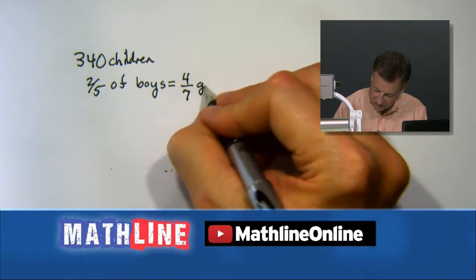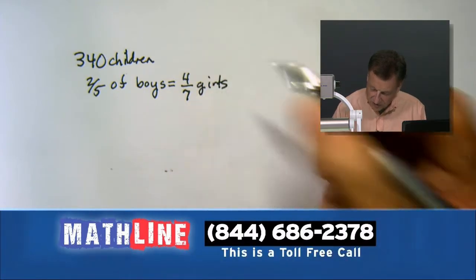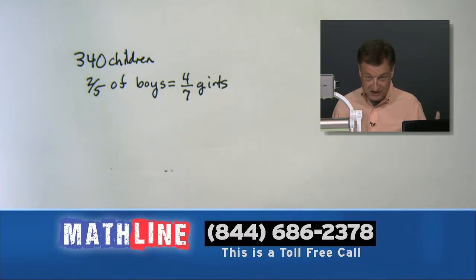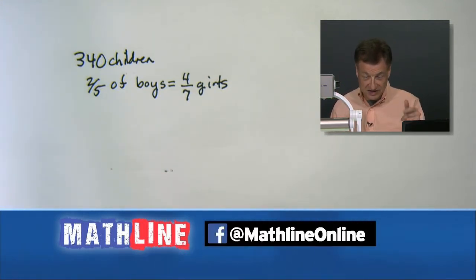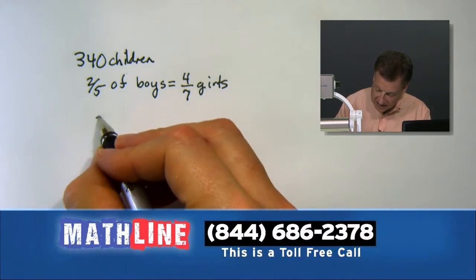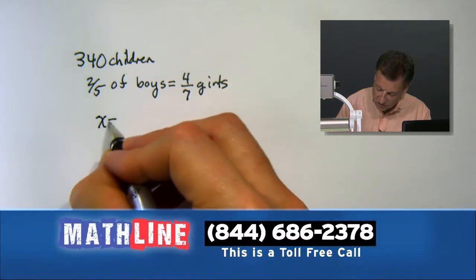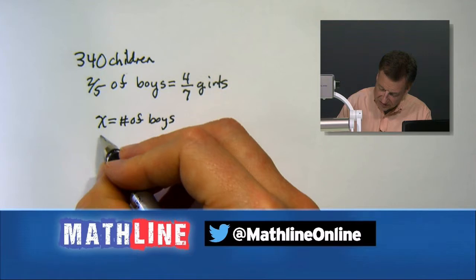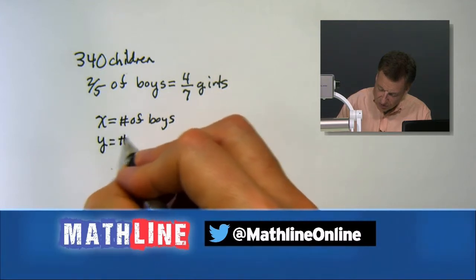First thing first, this sounds like systems, okay? I'm going to use systems. I'm going to use X and Y. Is that what you're kind of expecting me to do? All right. So I'm going to let X equal the number of boys, and this is important to assign these things, and let Y equal the number of girls.